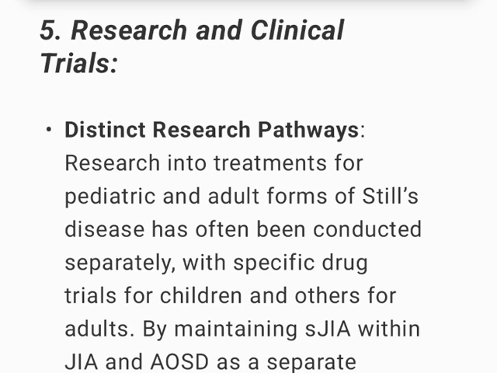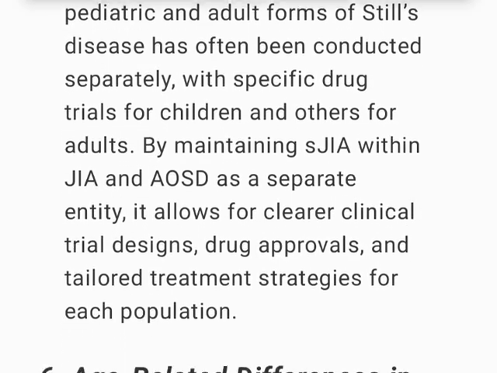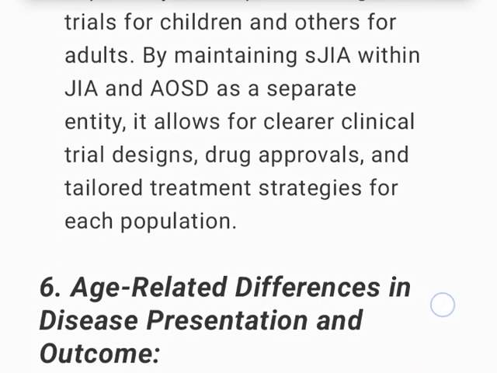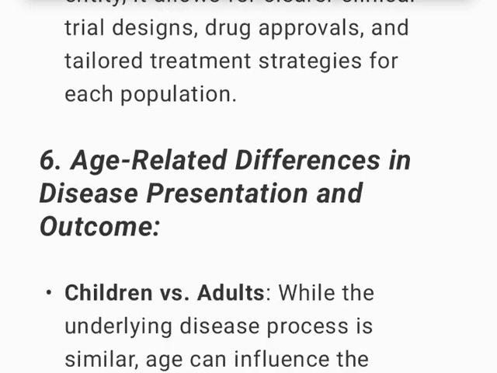Research and clinical trials, distinct research pathways. Research into treatments for pediatric and adult forms of Still's disease has often been conducted separately, with specific drug trials for children and others for adults. By maintaining SJIA within JIA and AOSD as a separate entity, it allows for clearer clinical trial designs, drug approvals, and tailored treatment strategies for each population.